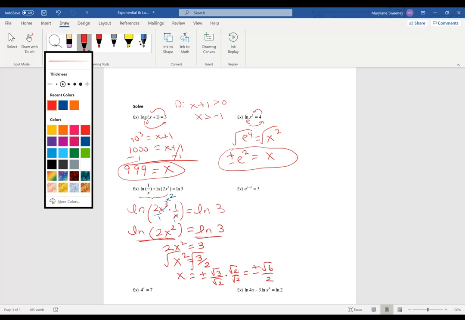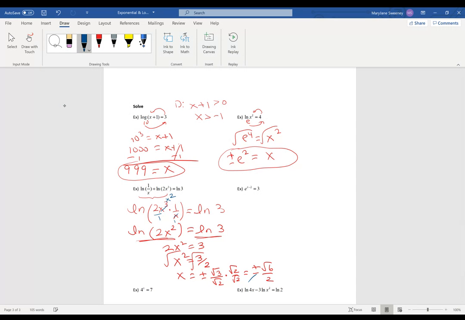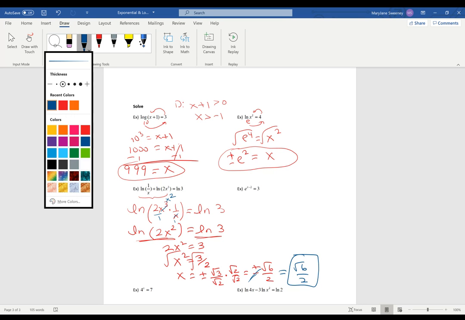So I have to reject the negative, and my answer is x, I would say my answer is radical 6 over 2 positive. I have to reject the negative there. I only reject the negative if it's making me take the log of something negative when I plug it in up top.